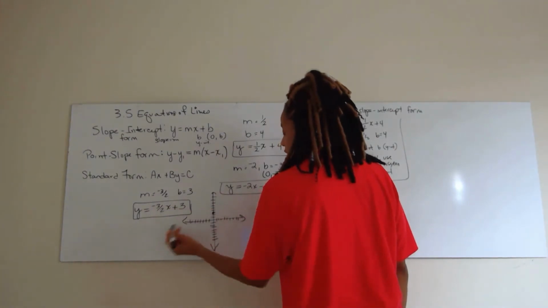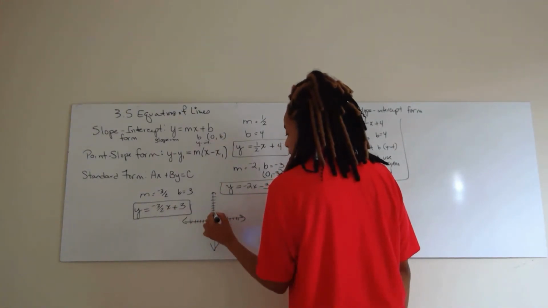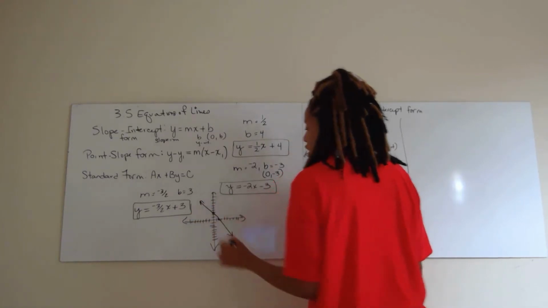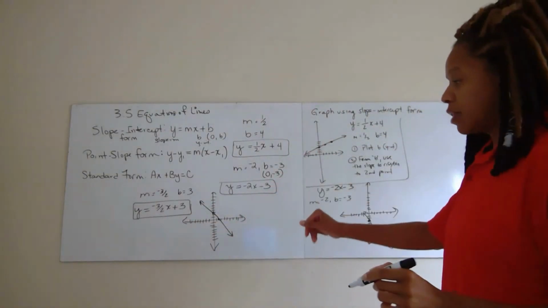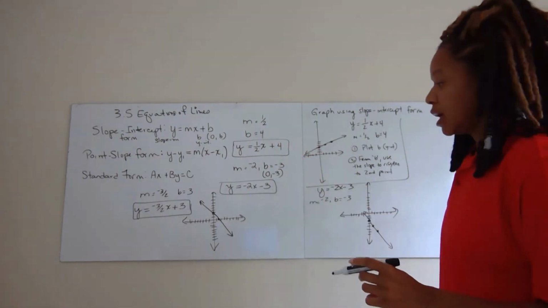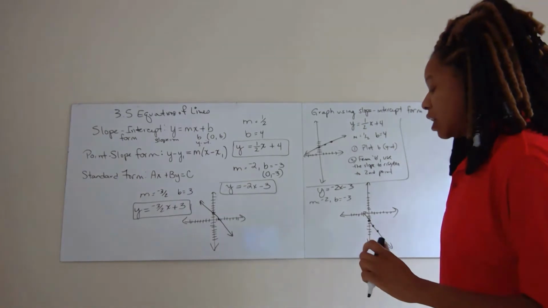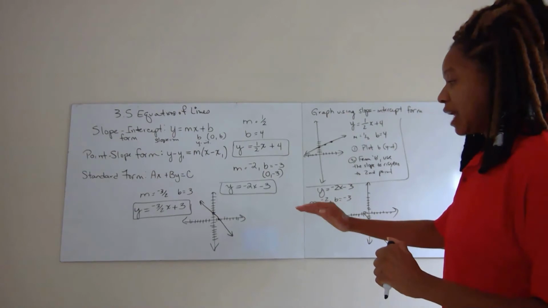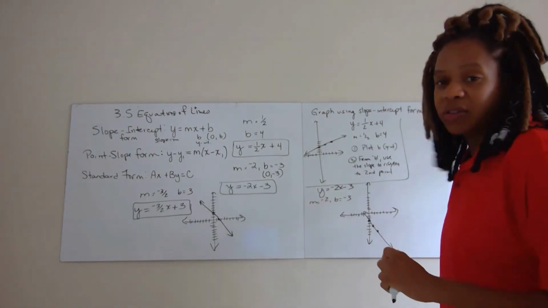And then we should have used the slope to go down 3, 1, 2, 3, and over 1, 2. My recommendation is to always rise down for the negative and then run right instead of going up and to the left. They might show you that if you try to get the system's help. But I just always use the negative slope as a down rise and then always run to the right.